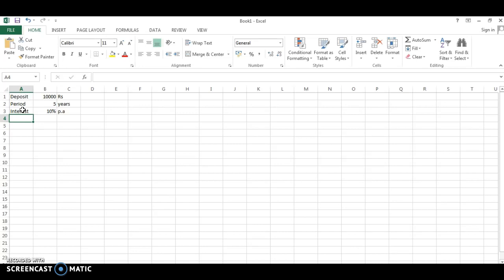And now I am calculating the future value using Excel inbuilt applications.